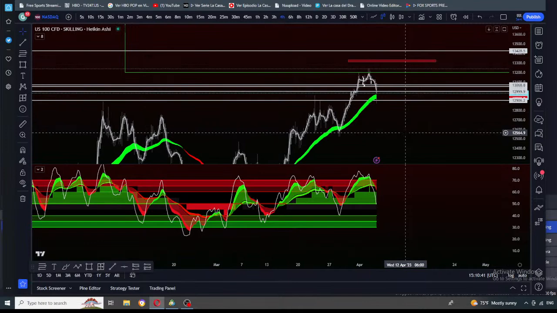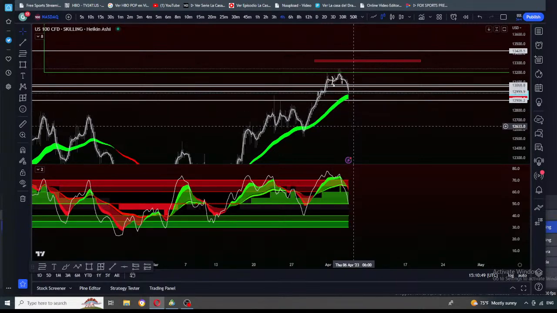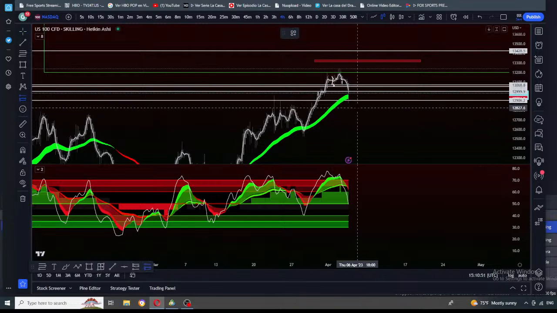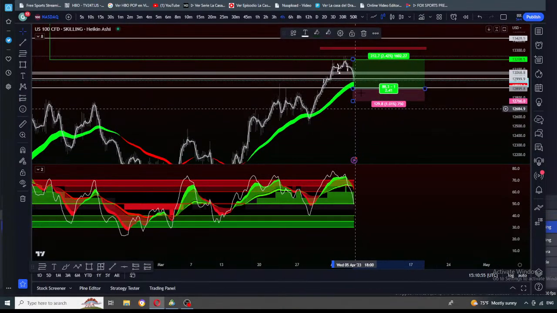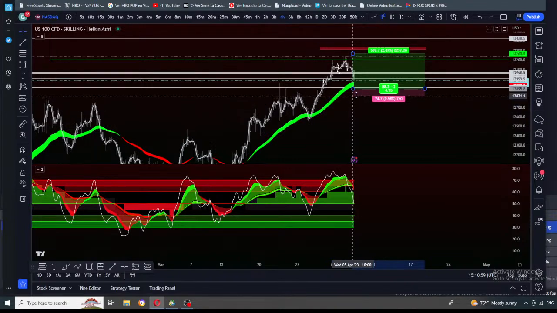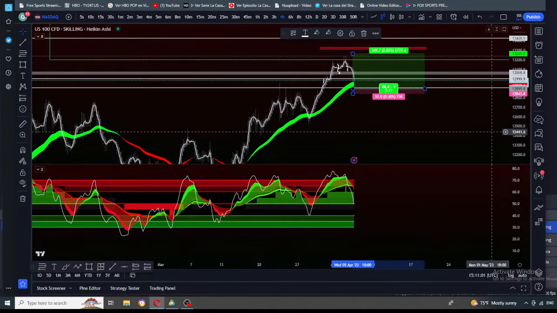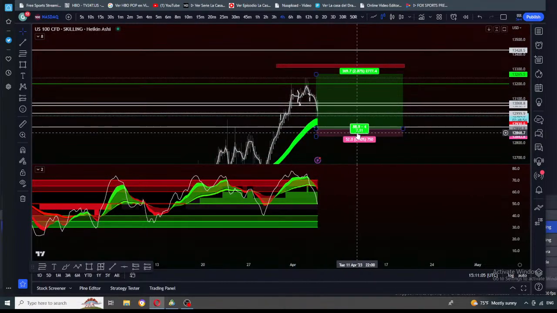All right, so I believe that we are due for a bounce somewhere around this area, and I want to catch this right here. I want to catch this somewhere. I want to get a big one. That's a 7 to 1.